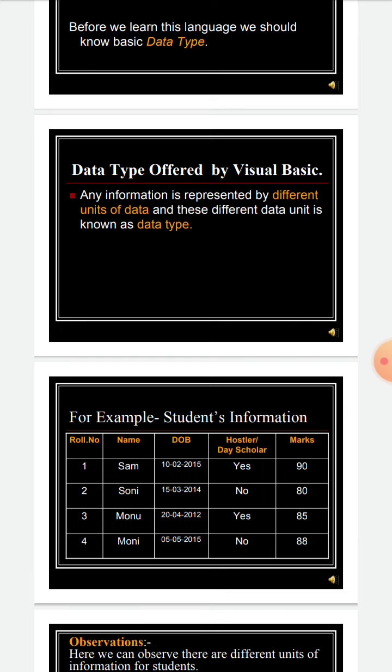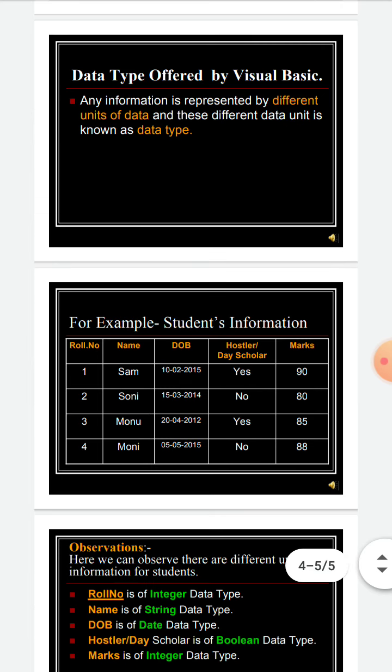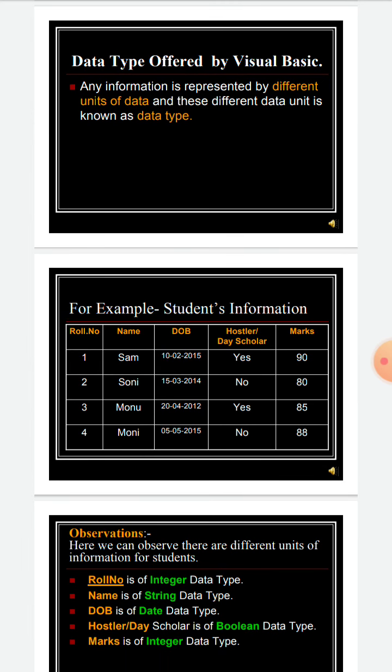Any information is represented by different units of data, and these different data units are known as data types. For example, student information. If I talk about student information, we can talk about his roll number, his name, his date of birth, whether he is a day scholar or hosteler, and what his marks are. So these are the basic data types or basic information of a student.